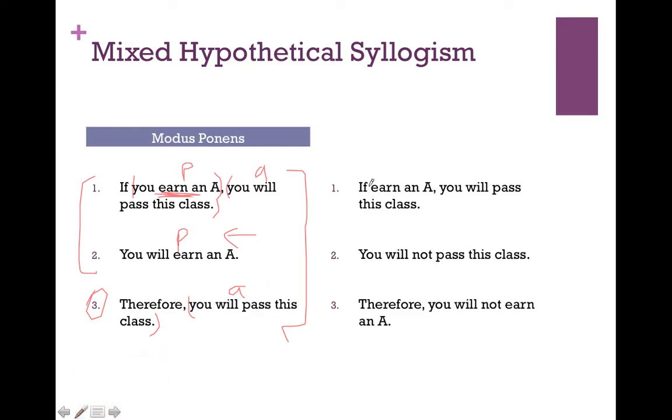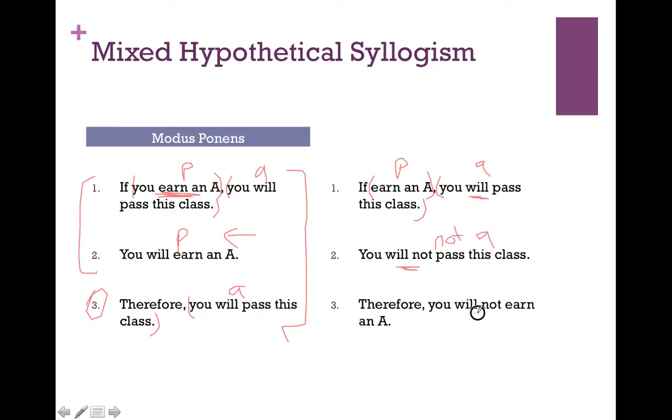But what's the pattern here? Look at this. Earn an A. Let's just say we take earn an A to be P, and you will pass the class, let's just say we use a Q for that. And now we come down here. You will not pass the class. Well, Q is you will, but notice it's saying will not. So this is going to be not Q right here.